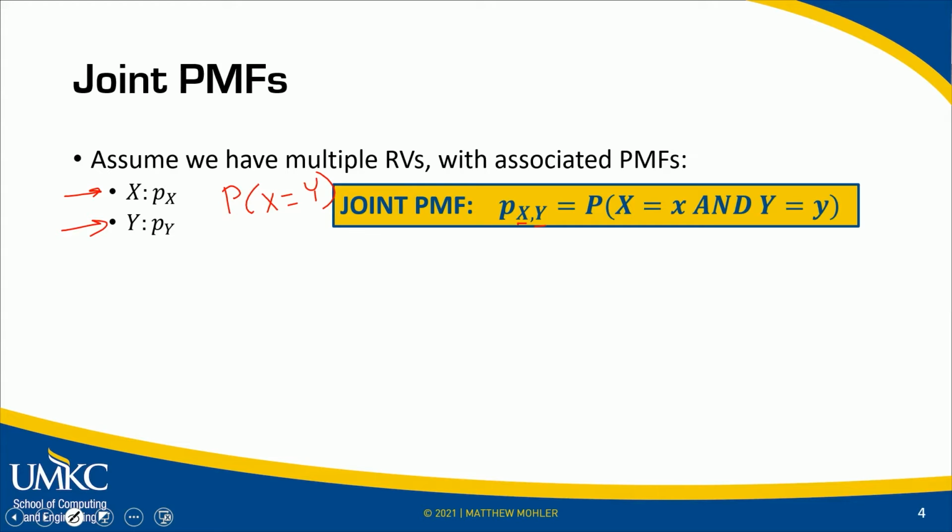We would say that this PMF is equal to the probability that the random variable x is equal to a specific value, little x, and that the random variable y is equal to a specific value, little y. This should be pretty intuitive: a joint PMF is just the probability of two random variables both being equal to specific single values.